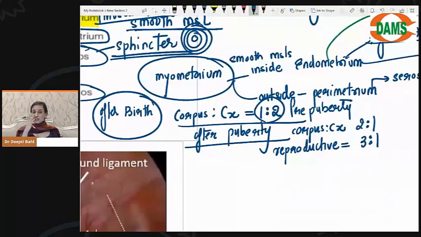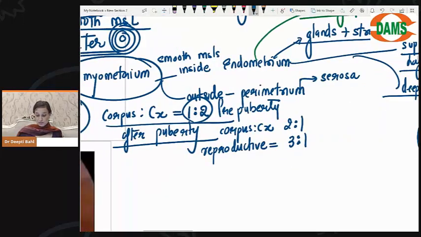It's just to tell you that there is physiological growth of the uterus happening, which means if I ask you the size of the uterus of a newborn girl and the size of the uterus of an 18-year-old girl, will they be the same or different? Tell me. Will they be the same or different? They will be different, which means the uterus grows, right?